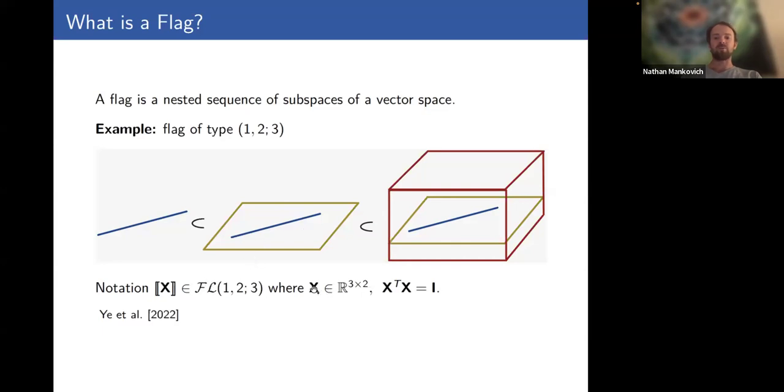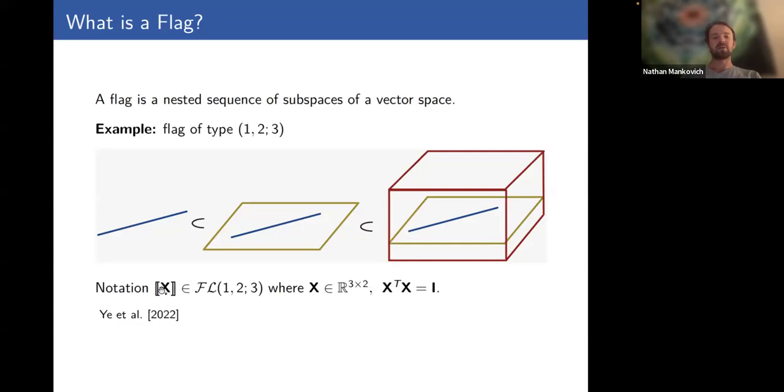This is a representative where the first column of this matrix is a vector that spans the first subspace, and the next two columns both span this second biggest subspace. And to assign this nested structure to the columns, with notation, we have these double brackets.